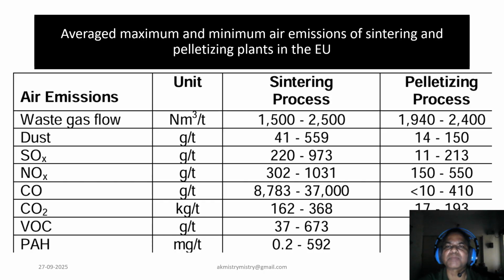In contrast, sinter plants are associated with higher emissions, including NOx, SOx, and particulate matter from their operation. This is also reflected in the data comparing air emissions from the plants, shown in this slide.